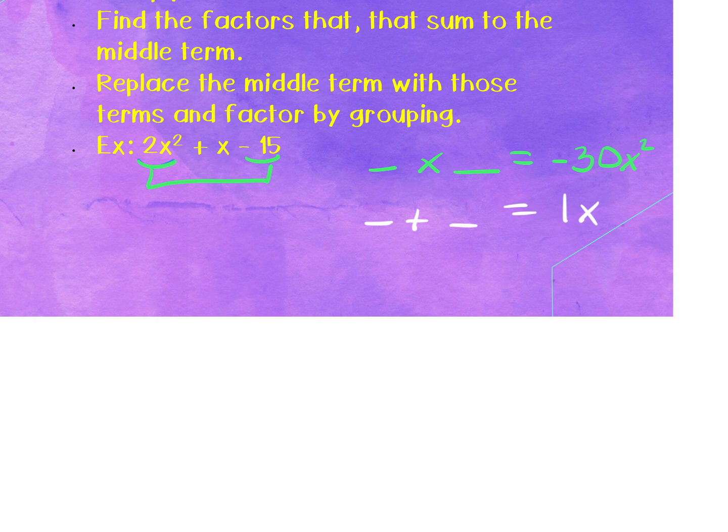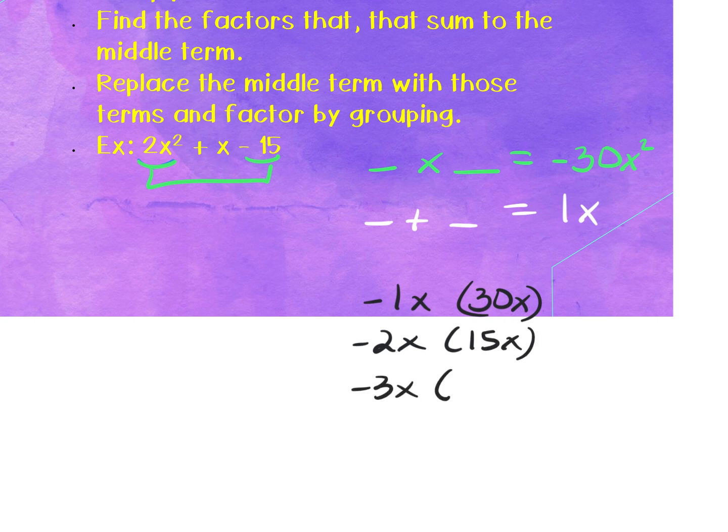So the middle was positive, so really it's a negative 1x times a 30x, or a negative 2x times a 15x, negative 3x times 5x, and that would be all your factors, because you're looking at the sign of the middle, which is positive, and my factor of the negative 30, the bigger factor gets the sign of the middle. Because when you multiply all these three I wrote down, they do give you the negative 30x squared.